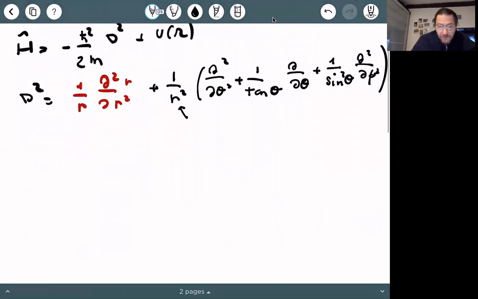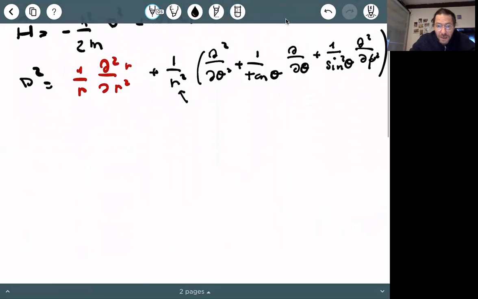The second very important piece of information was that this angular part is proportional to L squared, the square of the angular momentum.